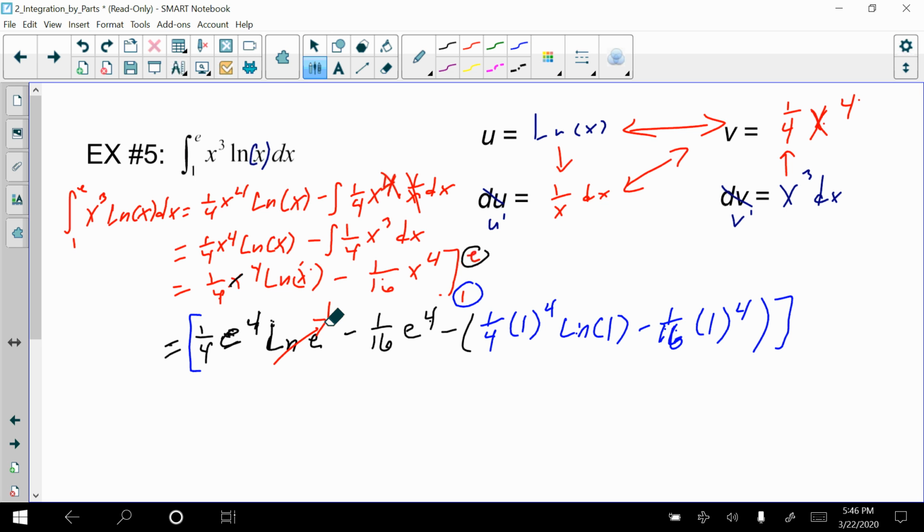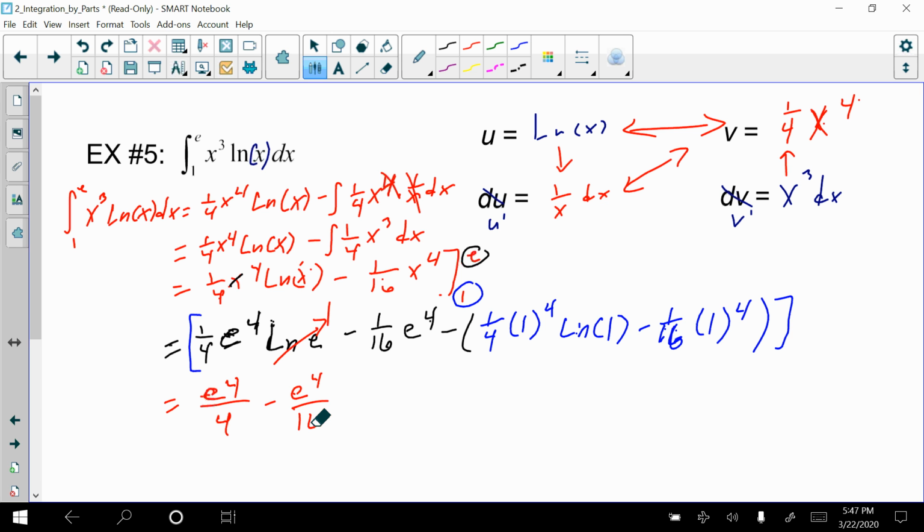So 1 times e to the 4th over 4 is just going to be e to the 4th over 4. And the next part, 1/16 times e to the 4th, that's just going to be minus e to the 4th over 16.